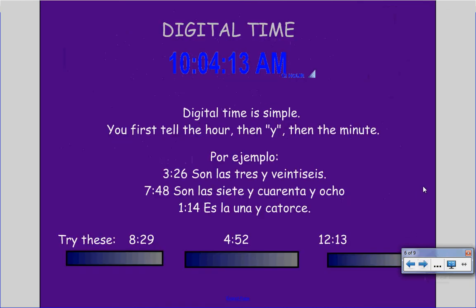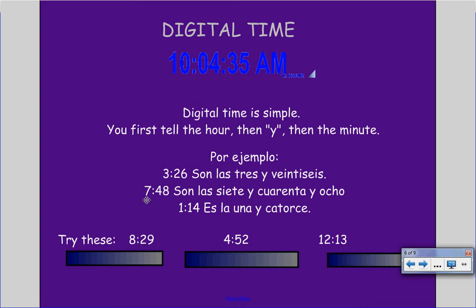Okay. Digital time is really simple. First you tell the hour, then you add this letter, which we pronounce E because in Spanish it means and, and then we add the minute. So you just tell what you see. So for example, if it was 3:26, we would say son las 3:26.